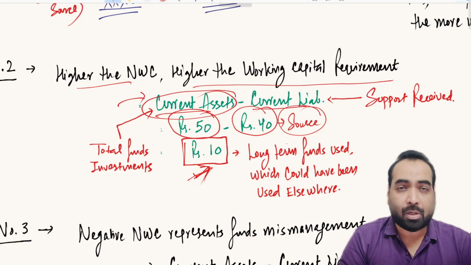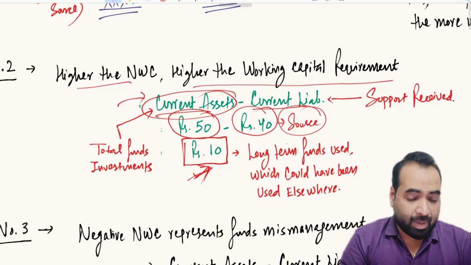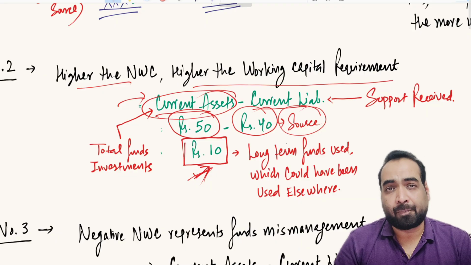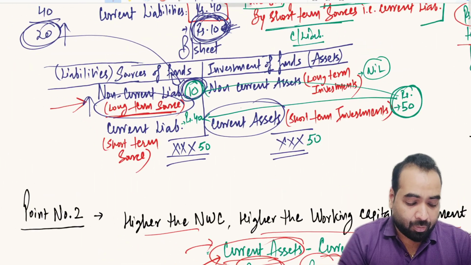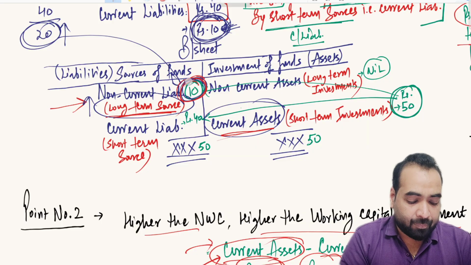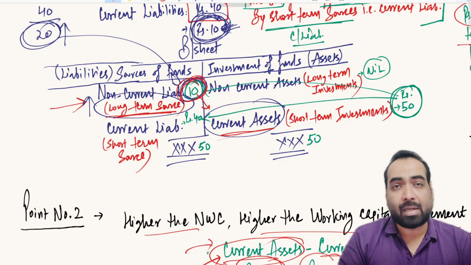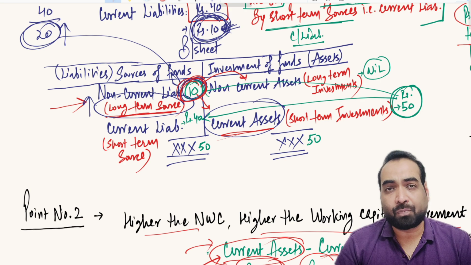Current assets do not contribute in expansion, in growth of the business. They only manage the current working capital cycle of the business, right? So these are the total funds and investments, and these rupees 10 represent the long-term funds infusion in the current assets, right? These long-term funds which are choked up in current assets could have been used to finance the non-current assets as well, right?